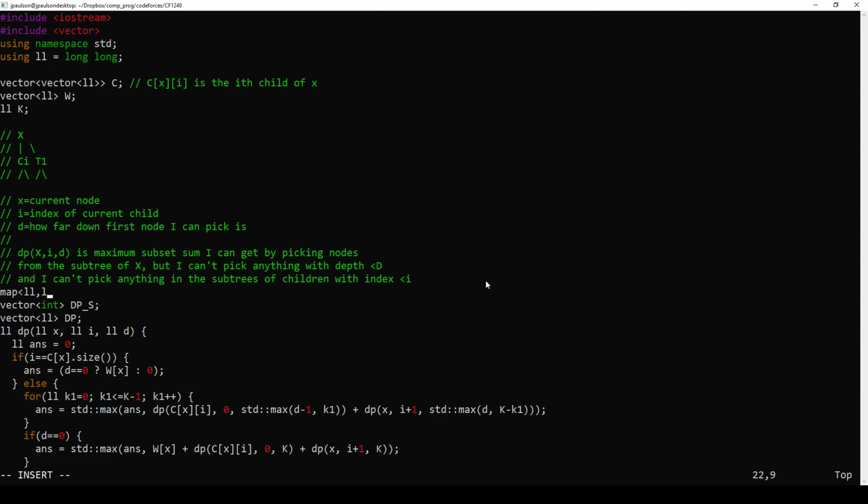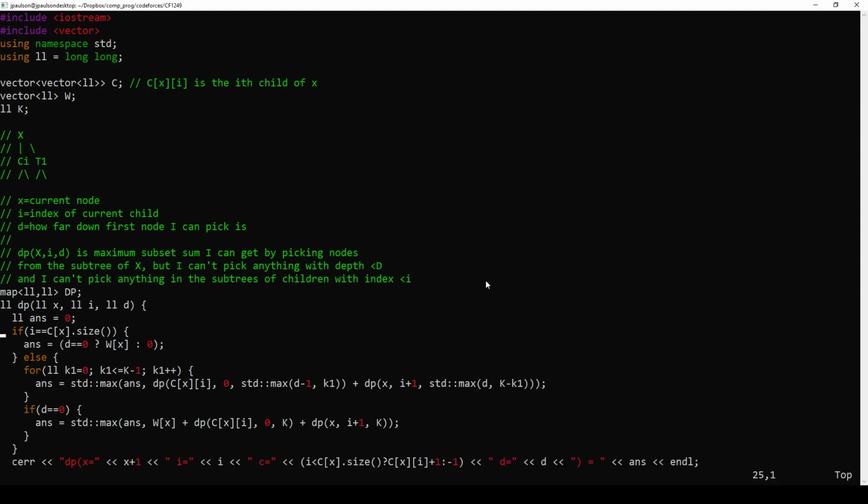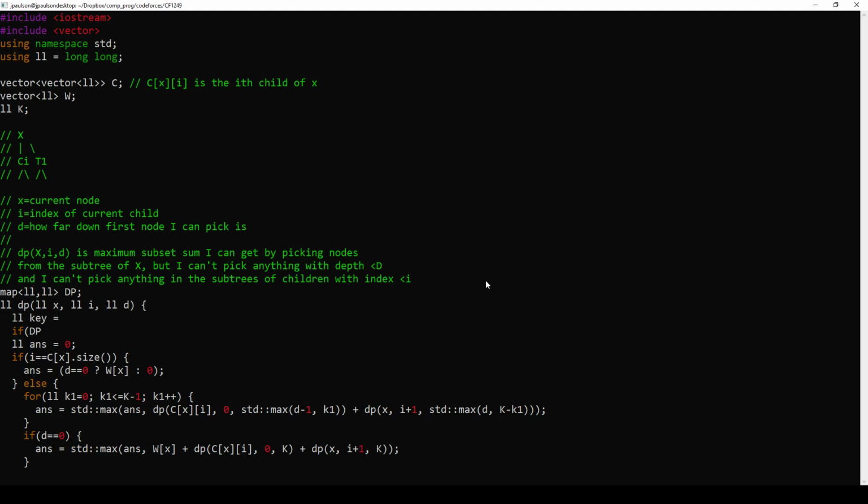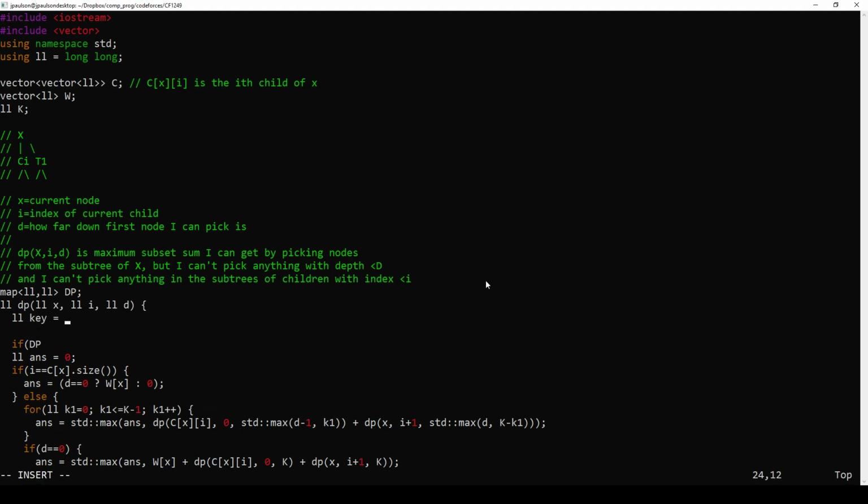Let's be lazy and just try to do a map, which might better go right away. So if, let's see, x times, oh, so n times k. Let's just be nice and be lazy.